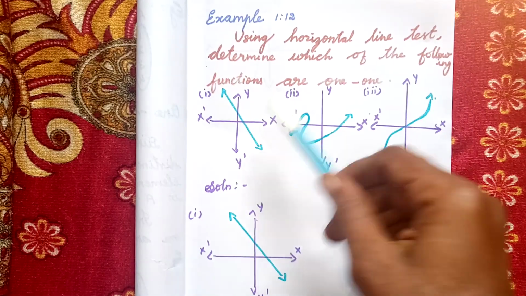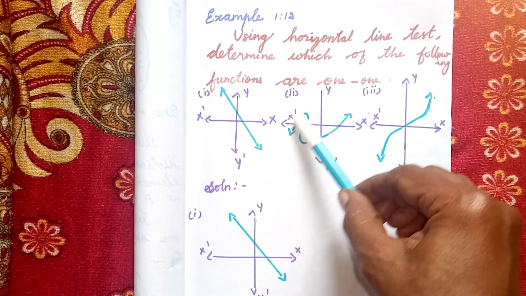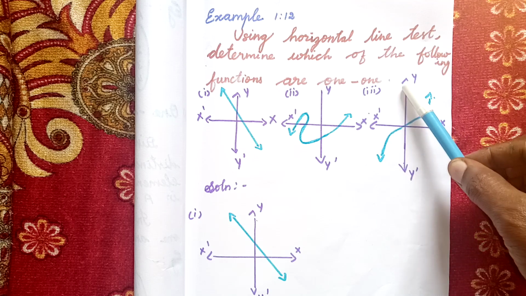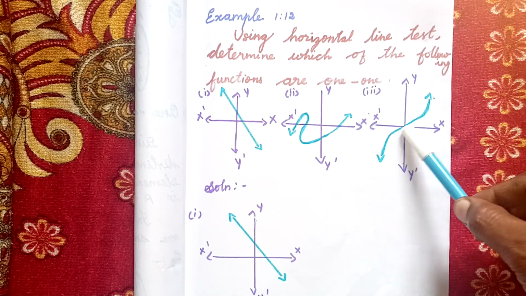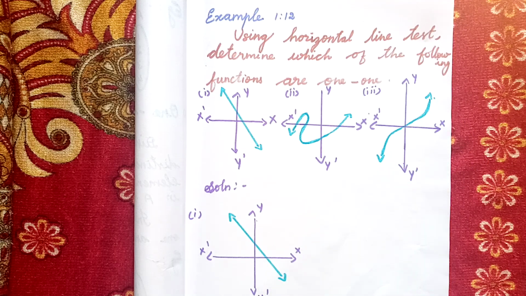Here is the coordinate, here is the graph. Next, the third one, it is the coordinate and here is the graph. We have to determine which of the following functions are one-one.